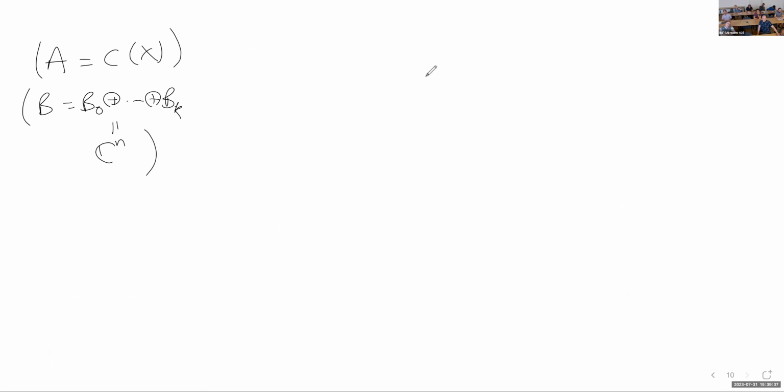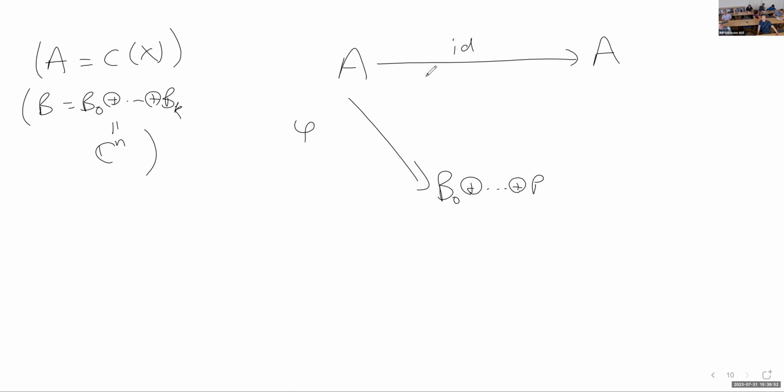All right. So I have A, and I have my identity map. Then I have my map phi going down into B_0 direct sum through B_k, and I have my map psi. This phi, remember, was just a star homomorphism in this commutative case, given by these evaluation maps.